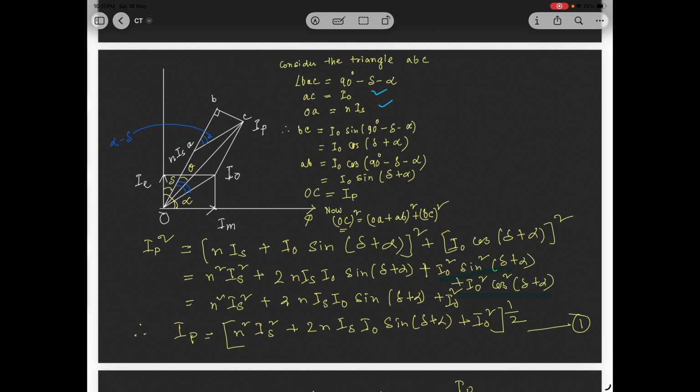See, this angle is alpha and this angle is delta, and so this angle is equal to (90 minus alpha minus delta).